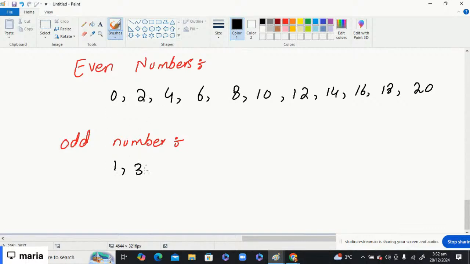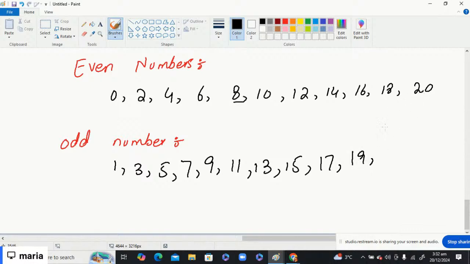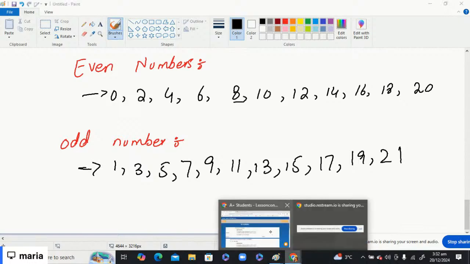Between 4 and 6 is 5. 7 is here, 9 is here, 10 is even, 11 is odd, 12 is even, 13 is odd, 14 is even, 15 is odd, 16 is even, 17 is odd, 18 is even, 19 is odd, 20 is even, 21. This is the way that you are going to write down the even or odd numbers. Alright, this is your even or odd.